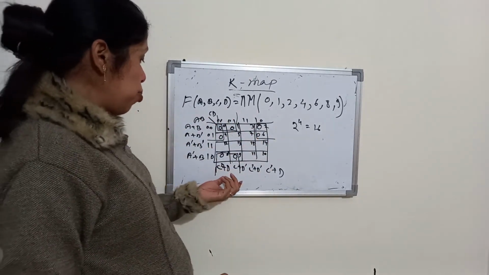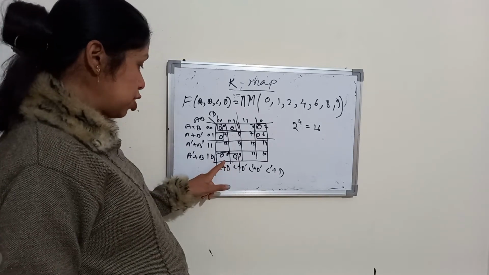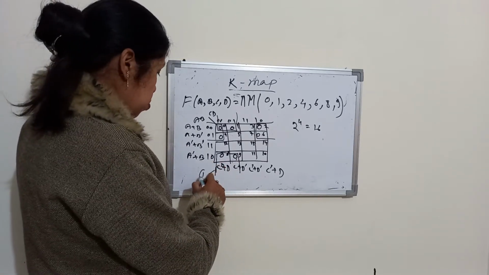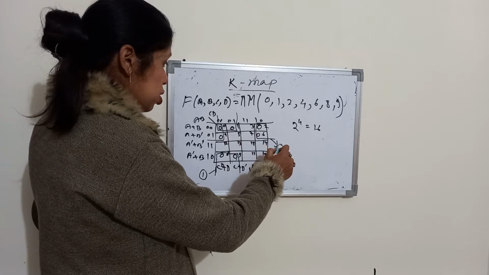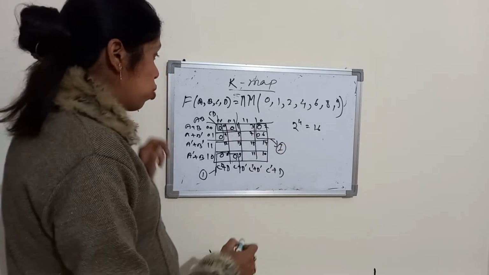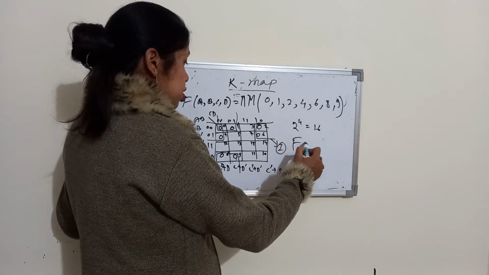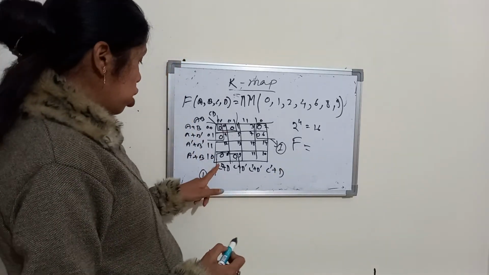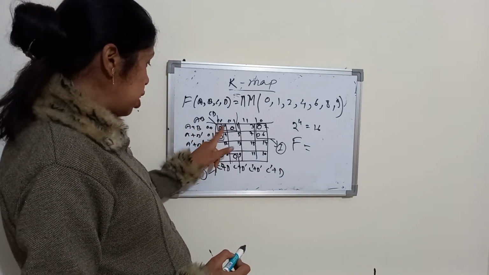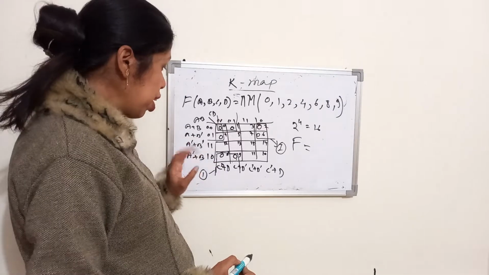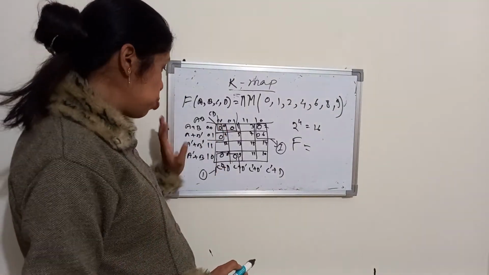Now I am writing the expression for the first group. This is the first group, this is the second group. So F is equal to, considering the first group, in these four cells which values are common?